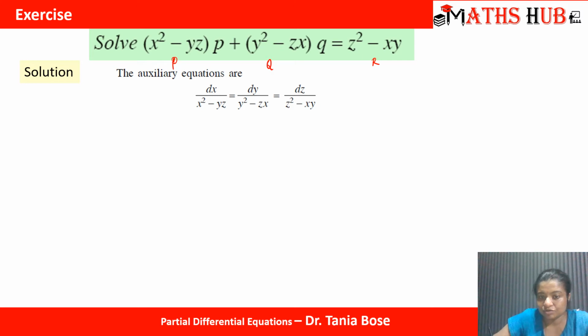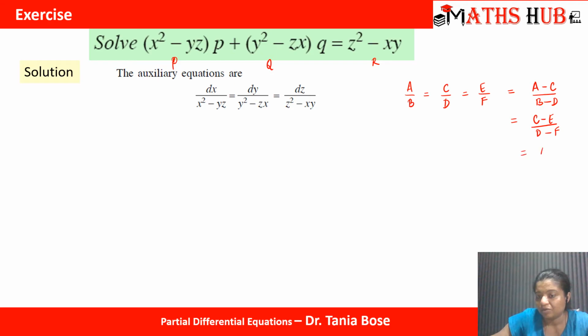Now you can just assume these equations to be in the form of a ratio. So if I assume that this is a ratio, so let it be A by B is equal to C by D is equal to E by F. So I can apply all the properties of ratios. I can say that this ratio is also equal to A minus C upon B minus D. This ratio is also equal to C minus E upon D minus F, right?